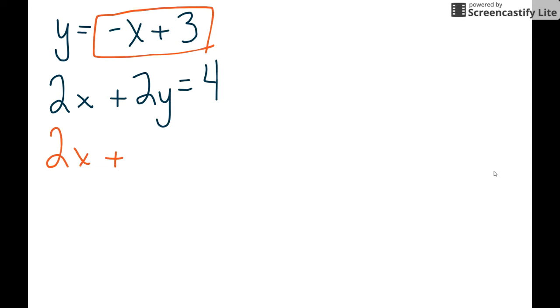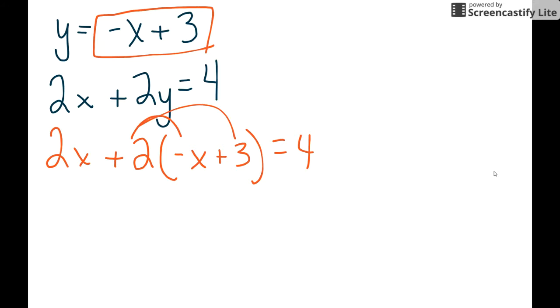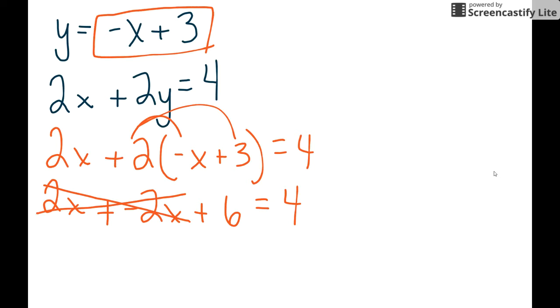So 2x plus 2 squeezed with the box equals 4. Distribute: 2x plus -2x plus 6 equals 4. Combine your x's. Well, 2x minus 2x is gone, so all you have left is 6 equals 4.